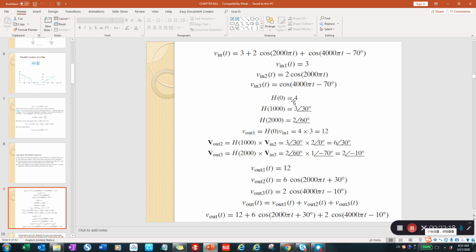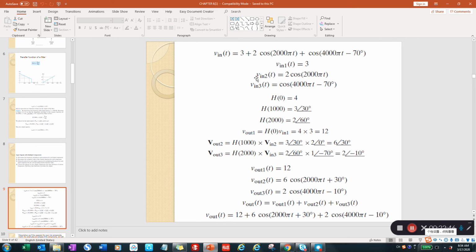So the transfer function for frequency equal to 0 is just 4. Then we can figure out the output for this component is equal to the transfer function multiplied by the input, which equals 4 multiplied by 3 equals 12. Then we get the output component for the first input.